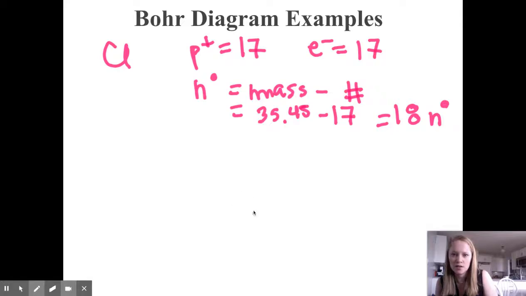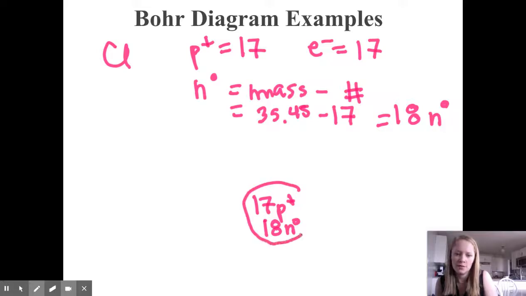So inside our nucleus goes 17 protons and 18 neutrons. There we go. Then I need my first energy level.